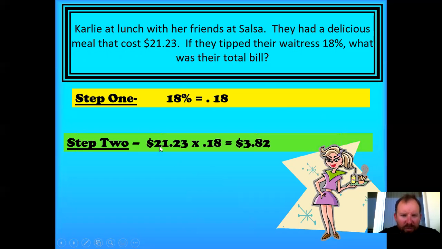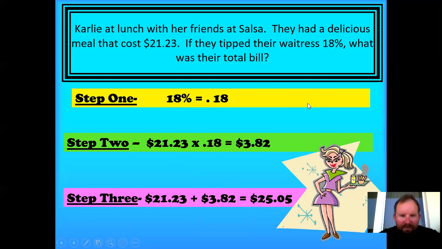So we take $21.23, multiply it times the 18%, find out the tip was $3.82, and add that to the $21.23. So we take the $21.23 that their meal cost, multiply it times our percent as a decimal, and then add back our $3.82 for the dollar amount for the tax, or I'm sorry, for the tip, and we get $25.05.